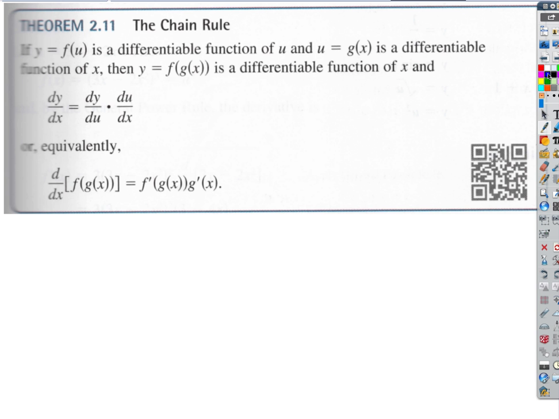What would be an example? Sine of x squared, there's one. If we do sine of x squared, what's the outside layer of that function? I'm doing sine of something, right? And what's inside the sine is an x squared, right? Give me another example of a composition of just two functions.